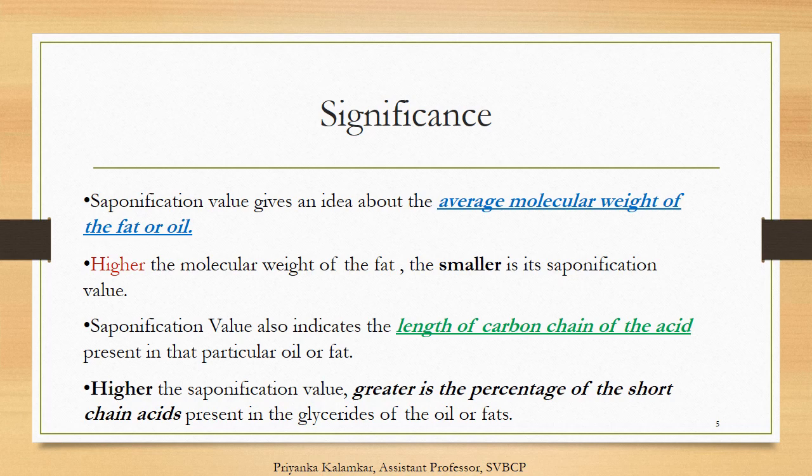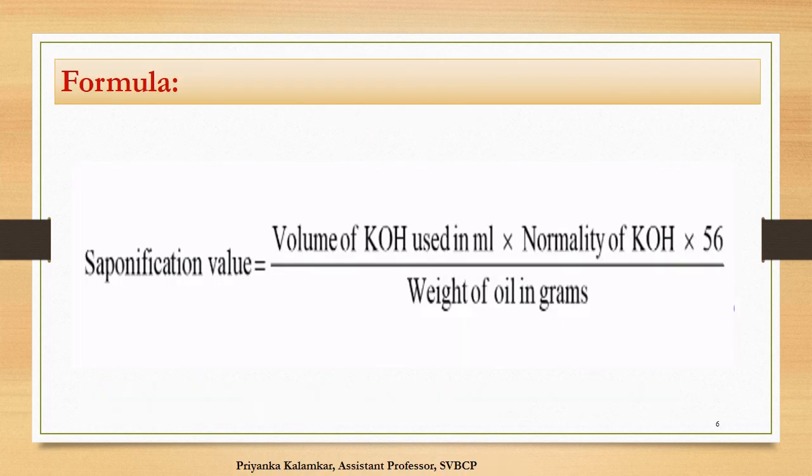You can say higher the saponification value, greater is the percentage of short chain fatty acid present in that triglyceride molecule. Higher the saponification value, lower will be the average molecular weight. Lower average molecular weight means short carbon chain length, so the percentage of short chain fatty acid will be more in case of higher saponification value. So these are the significance of saponification value.